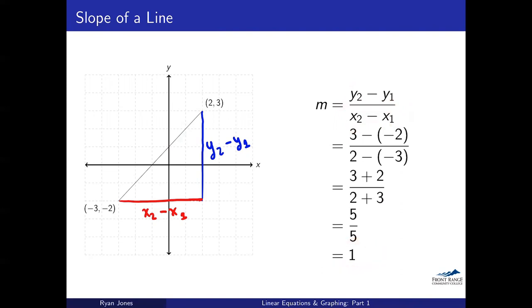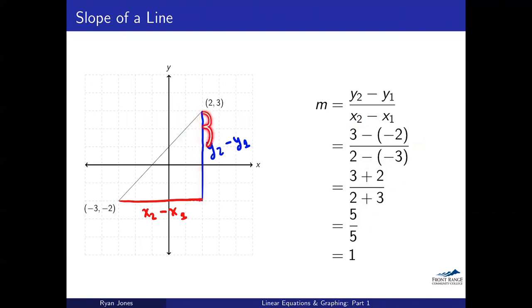And so what we see here when we plug everything in, we're going to take our y values, which are 3 and -2, and we're going to subtract those from each other, and that's going to give us 5. You can see that work simplified down right there, just looking at the numerator. And again, that's just that counting. That's me counting how many am I going up, right?